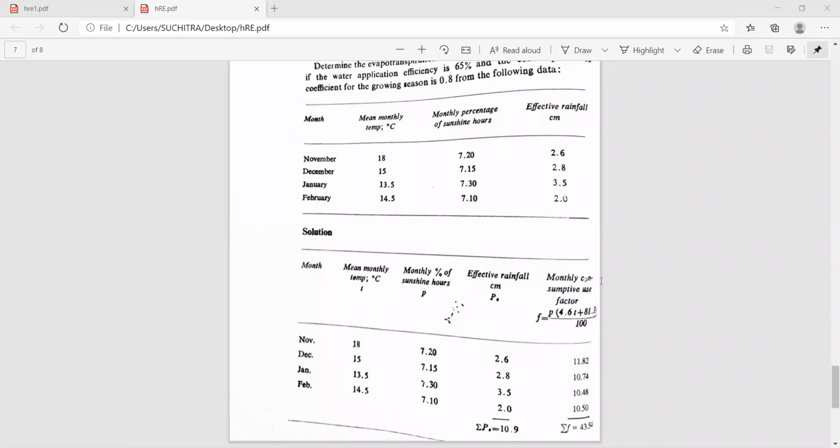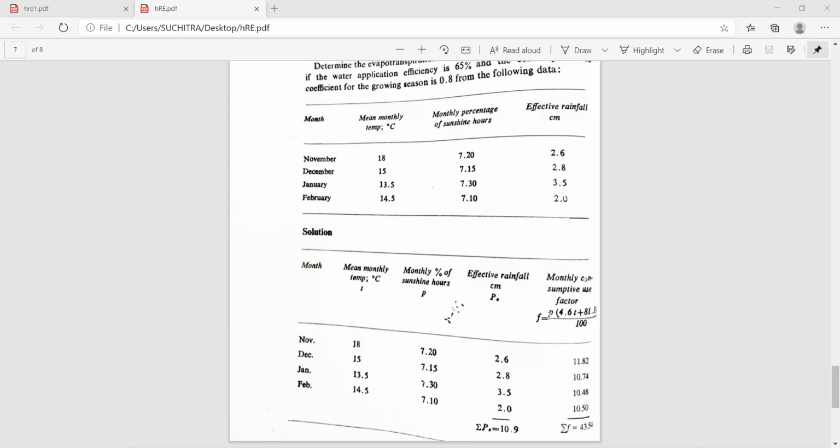Now the monthly consumptive use factor. You have to calculate the value of F, because the equation is U is equal to sigma K f, or U is equal to K into sigma F. F is given by the equation P into (4.6 times T plus 81.3) divided by 100.